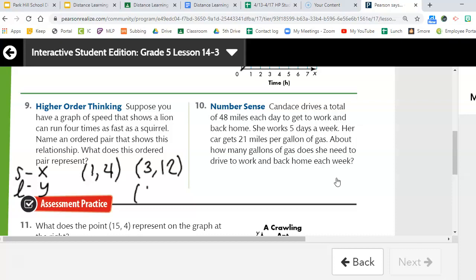You could do so many. You could do 4, 16 because 16 is 4 times bigger than 4. As long as that y coordinate is 4 times bigger than the x coordinate, then any ordered pair would work for this one.